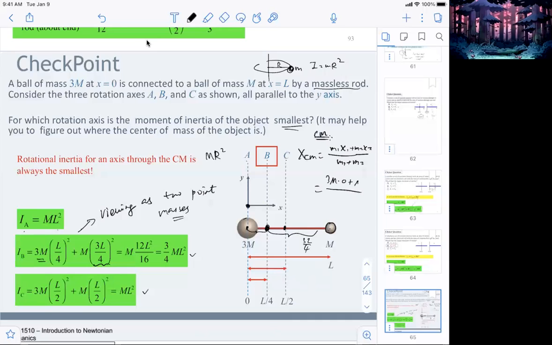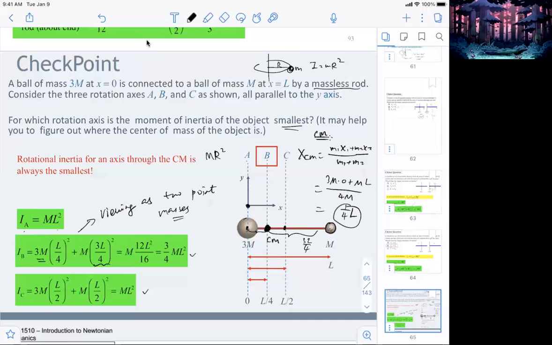Mass 2 is m, located at L. Mass 1 plus mass 2 is 3m plus 1m, which is 4m. So the center of the mass is at 1/4 L. So you know right here exactly where B is the center of the mass of the entire object.